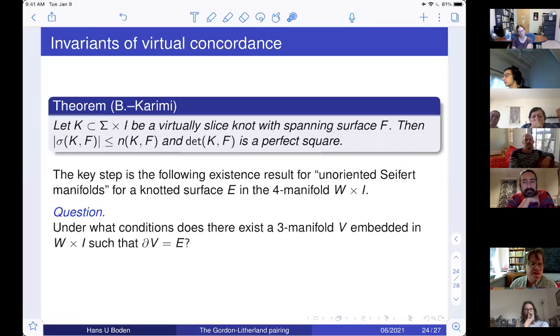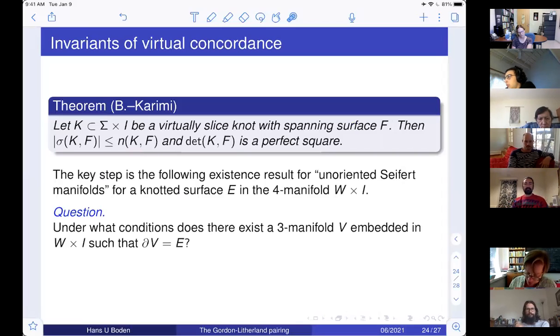A classical knot is slice, that implies the determinant is a perfect square. And usually you just say that the signature has to be 0, but that's because the nullity is always 0 there. Here, we only get a bound as good as the nullity, but we do recover the classical result when the nullity is 0.